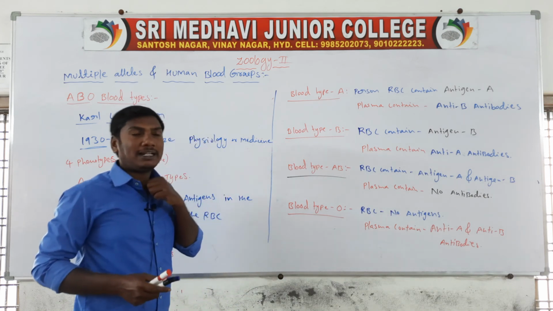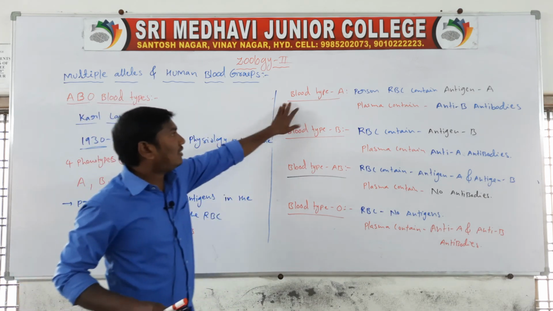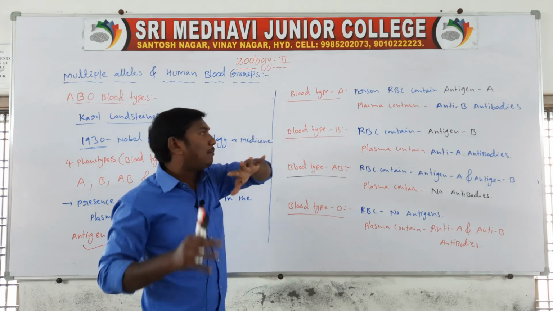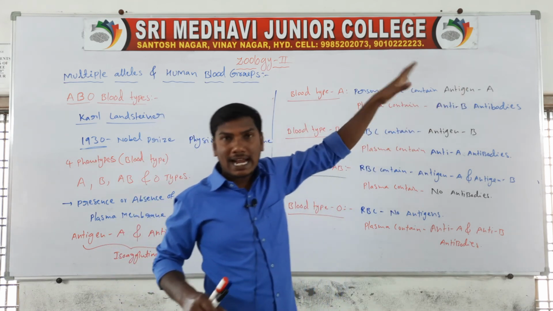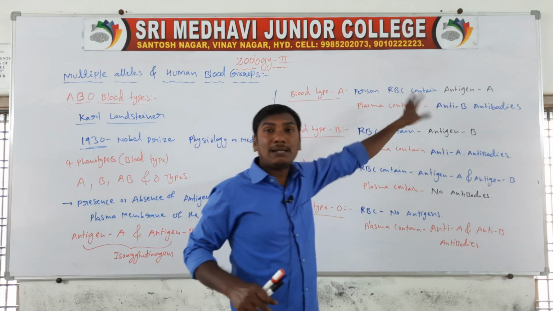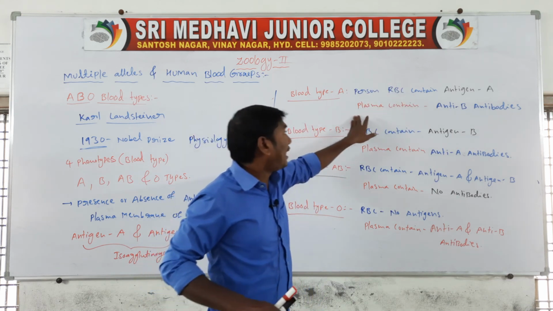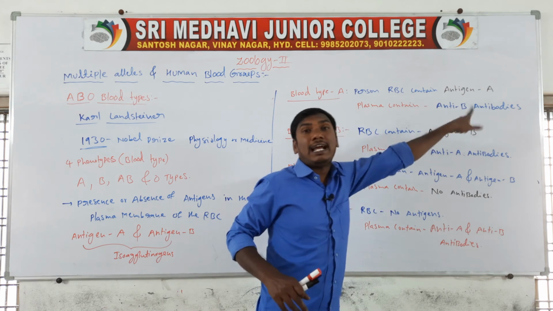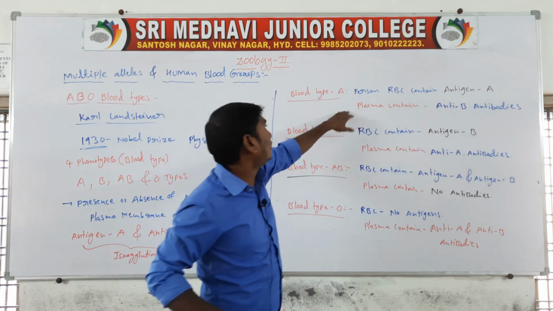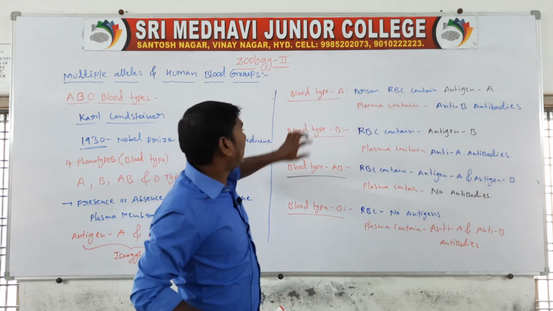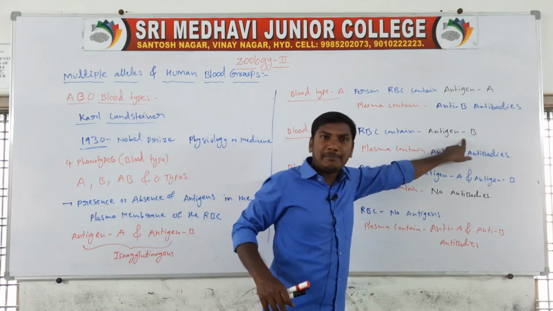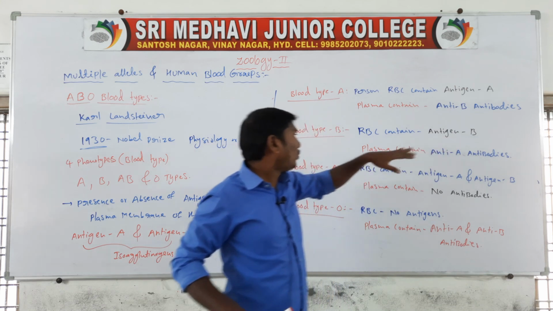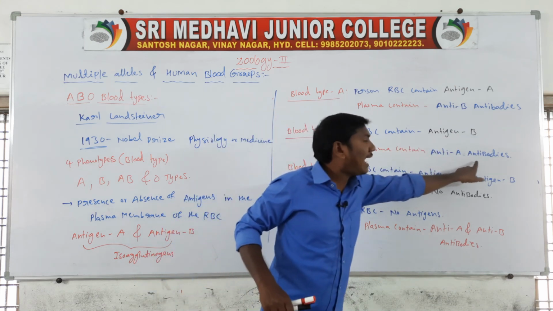So, the four blood types, the four phenotypes. Blood type A: the RBCs contain antigen A and the plasma contains anti-B antibodies. Blood group B: the RBCs contain antigen B and the plasma contains anti-A antibodies.